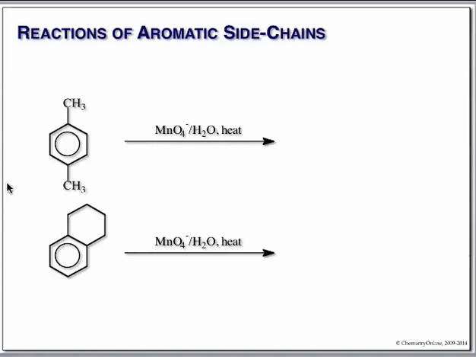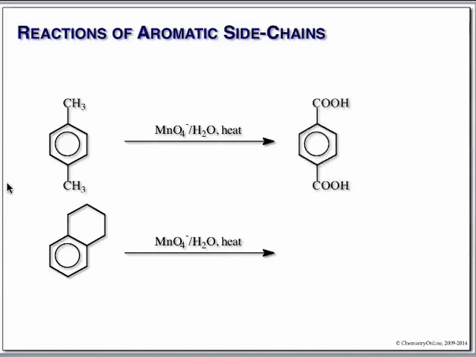All you have to do here is convert the benzylic carbons into carboxylic acids. Here we have 1,4-dimethylbenzene, also called paraxylene. If we oxidize it, we wind up with terephthalic acid, benzene-1,4-dicarboxylate.